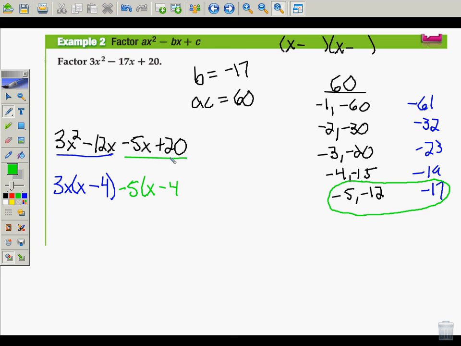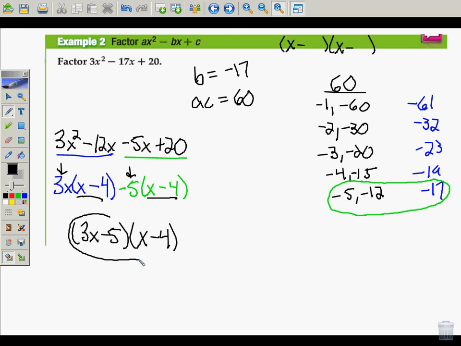And then remember, if we have the same thing in parentheses, we can rewrite this as the part in front of my first parentheses and the part in front of my second parentheses. So I'd have 3x minus 5, and they are both being multiplied by that x minus 4. And there is that trinomial factor, 3x minus 5 times the quantity of x minus 4.